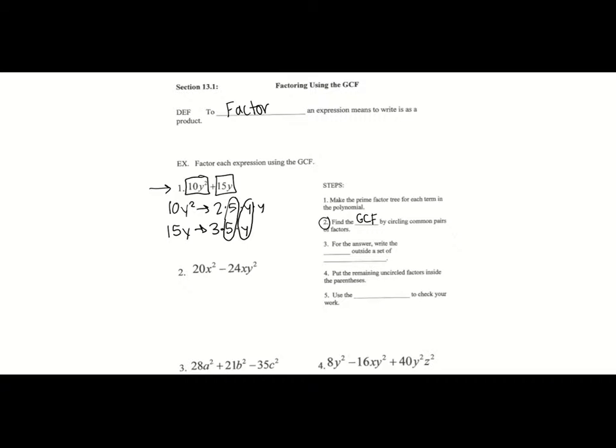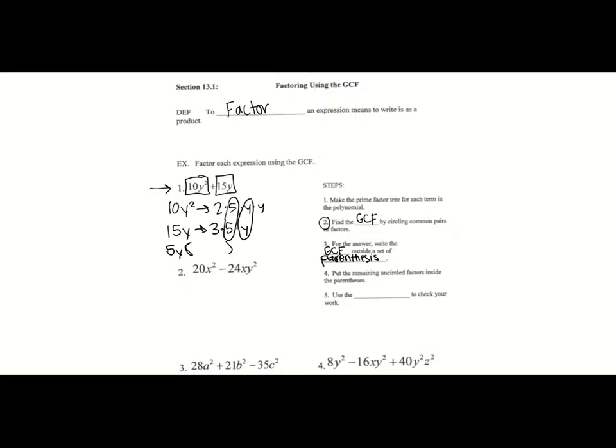So our next step for our answer, write the greatest common factor outside a set of parentheses. So let's do that. We have 5y, those are our common pieces, and then inside we'll have a pair of parentheses.